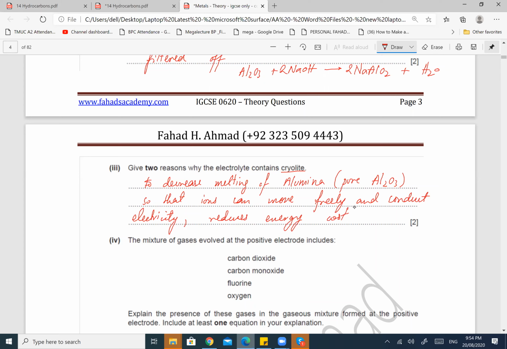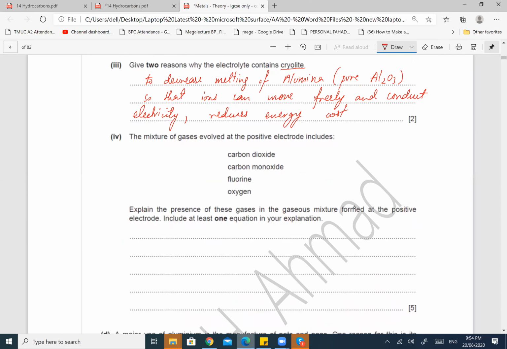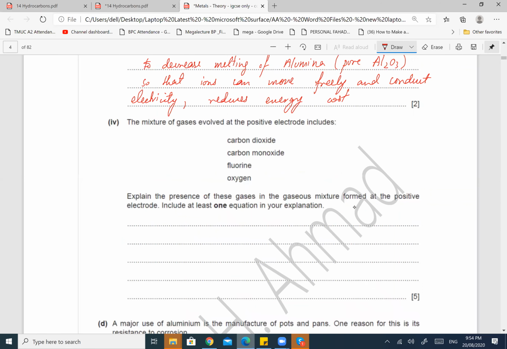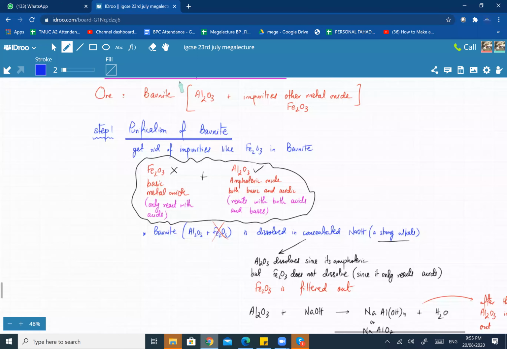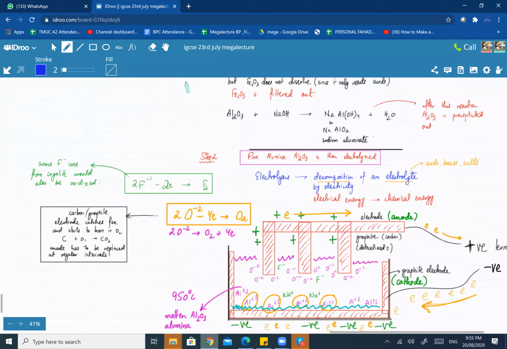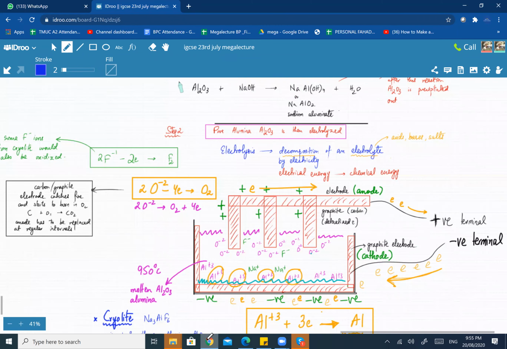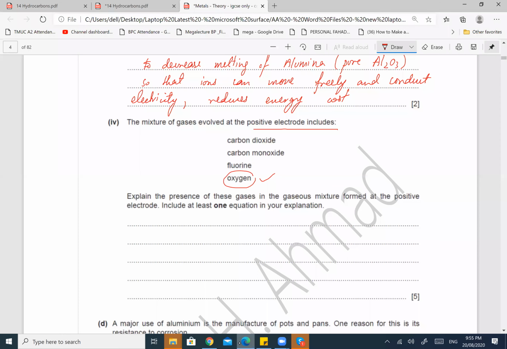ठीक है, ये सारा हमने क्रायोलाइट के लिए डिस्कस किया था. अब फिर अगला क्वेश्चन है कि the mixture of gases evolved at the positive electrode. सबसे पहले oxygen gas. उसने क्या explain the presence of these gases in the gaseous mixture formed at the positive electrode, include at least one equation. So where did oxygen come from? So have a look at the diagram जो नीचे था. उसमें आप बताओगे कि O2- ions जो alumina के अंदर था, they get attracted to the positive and then write this equation. That's it. So we'll just do that.